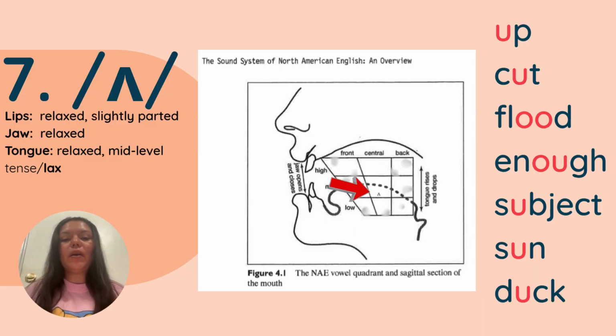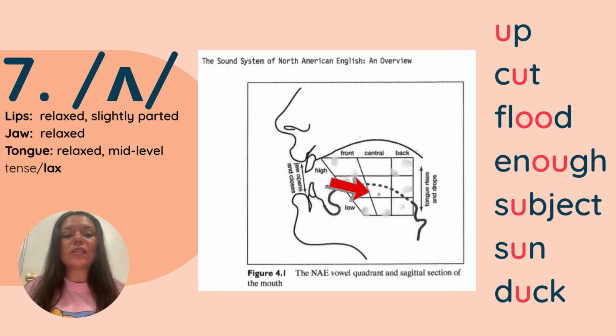Our 7th vowel in North American English is the uh sound. Now, when I make this sound, my lips should be relaxed and parted. My jaw is also relaxed, and my tongue is also relaxed, and it is in the middle level. This is considered a lax phoneme, and we can see it here in the middle of the quadrant.